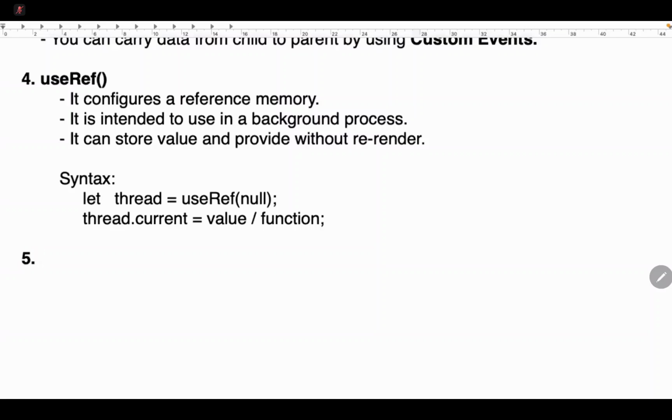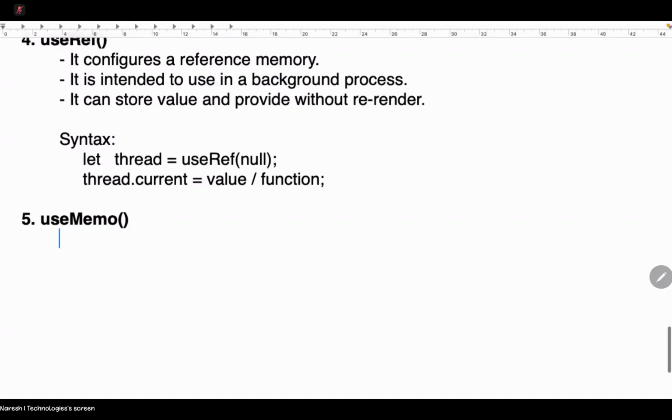Okay, and what else? Another important one is in the memories. That means while working with state, another important hook is useMemo. What is this useMemo hook? Why we need useMemo is that it will configure a cache memory.